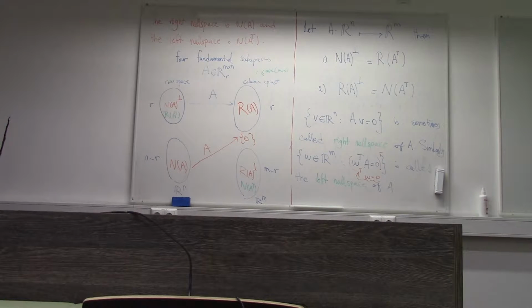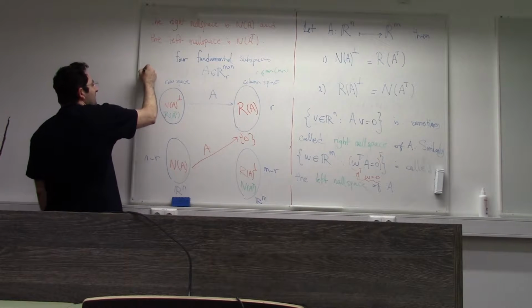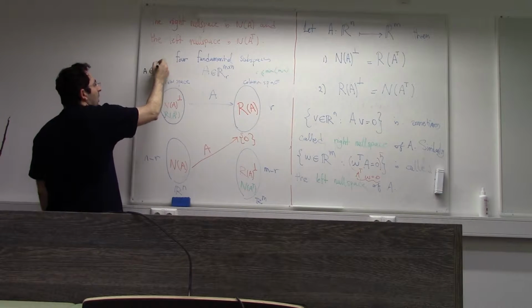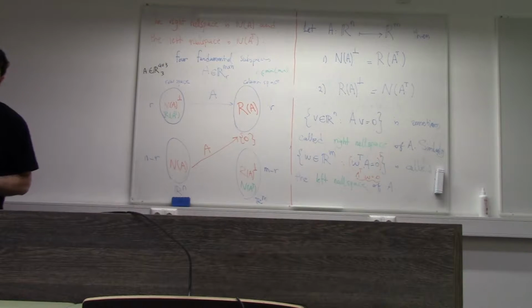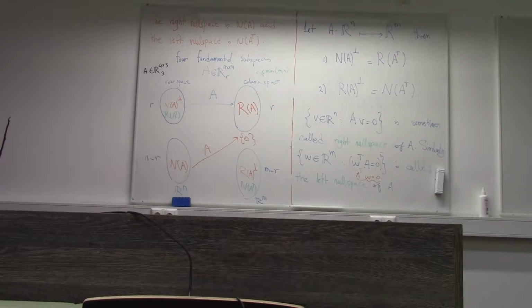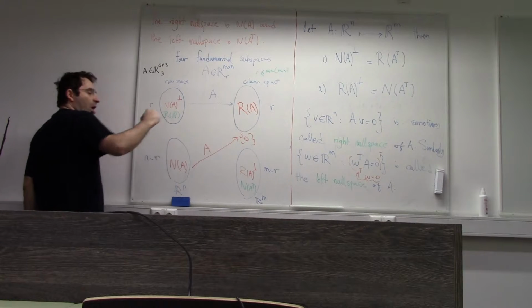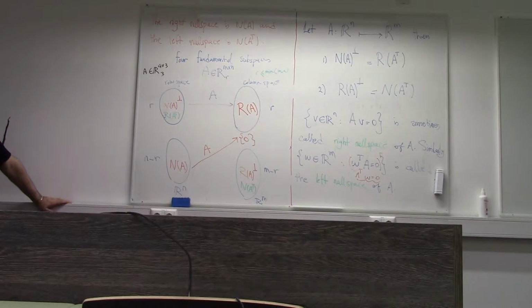This is still an important image. Assume A belongs to R 4 by 3 with rank 3. Okay? 4 by 3 with rank 3. Can you tell me how many vectors I will have in RA transpose, or let's make it even easier.